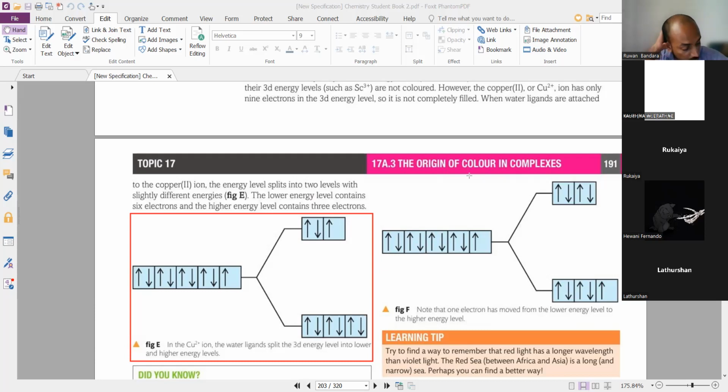So when the ligand comes, it splits the energy levels into two.